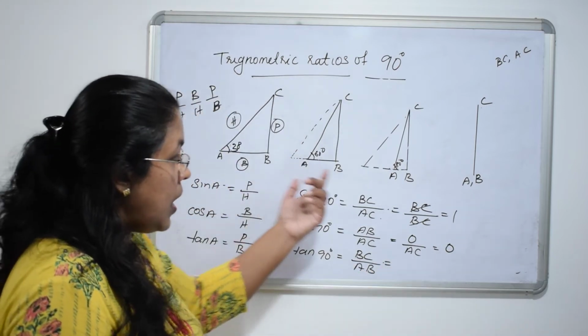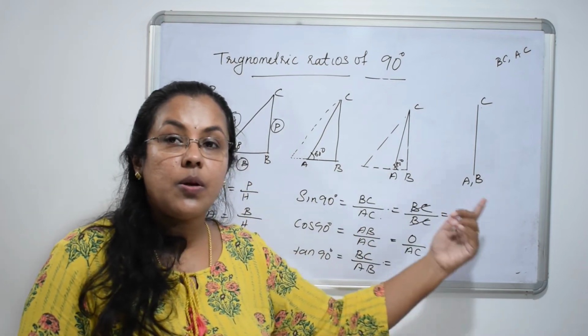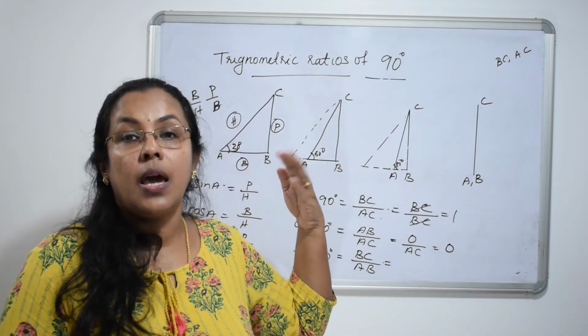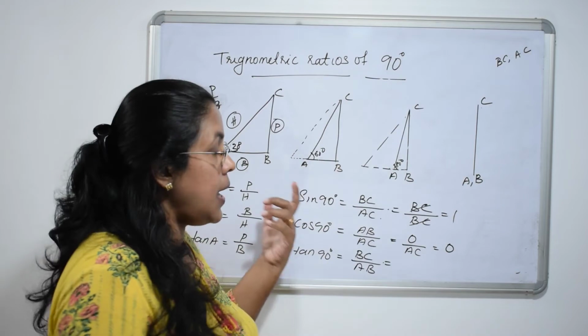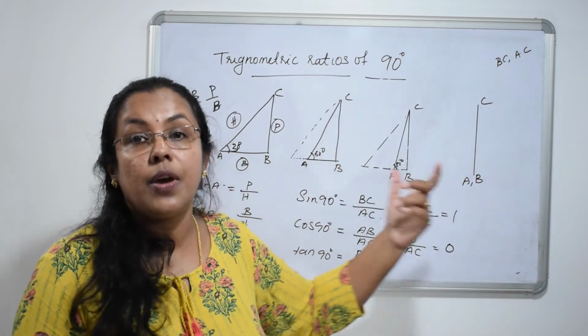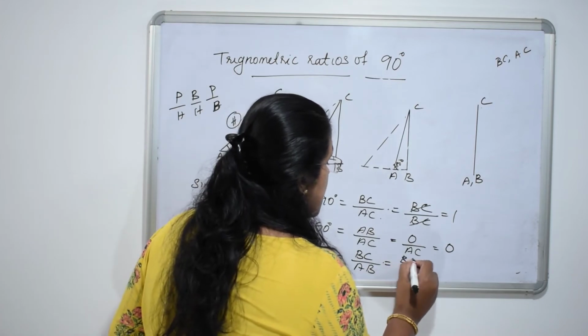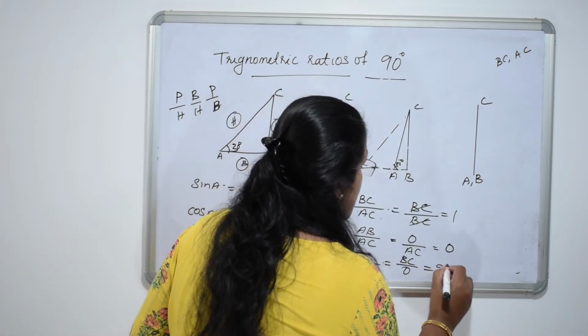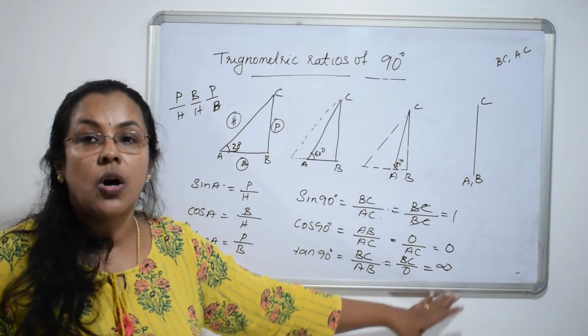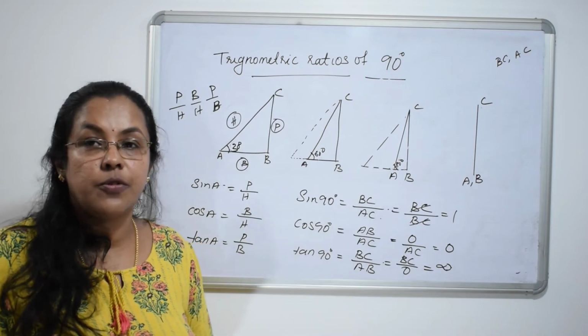What happens to AB? As A approaches 90, the length of AB reduces to 0. So what can we write? BC upon 0, that is equivalent to what? That is not defined, or we can write it as infinity.